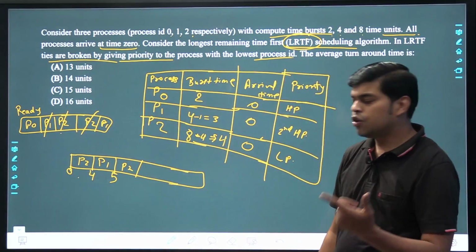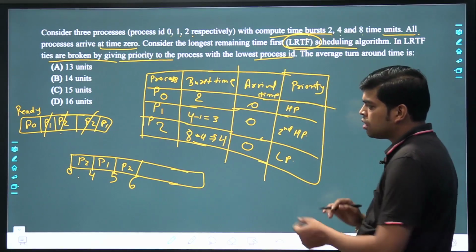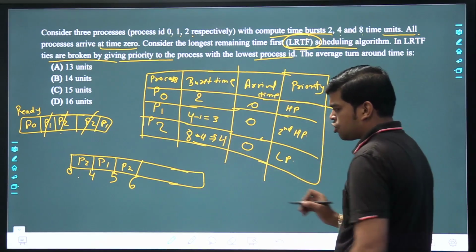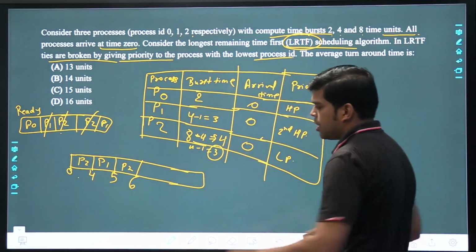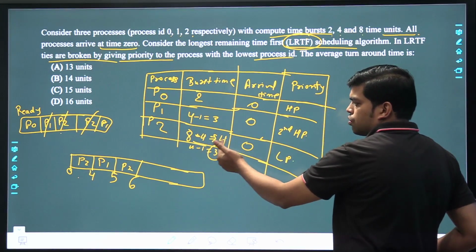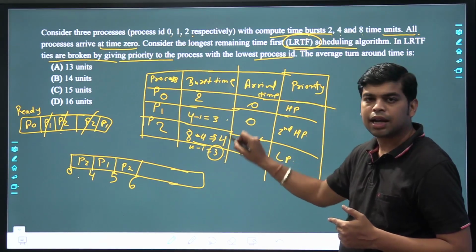After P2 executes for 1 unit of time, its remaining burst is 4 minus 1, that is 3. Now P1 and P2 are both equal again.